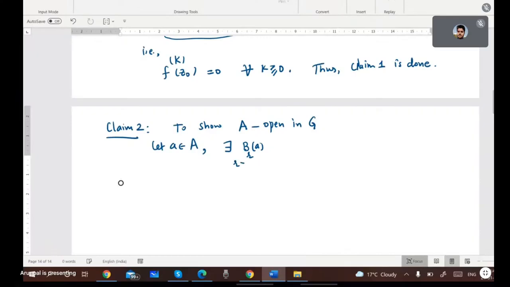Of course, radius is always positive, so that it fully sits inside G. Yes or no, class?